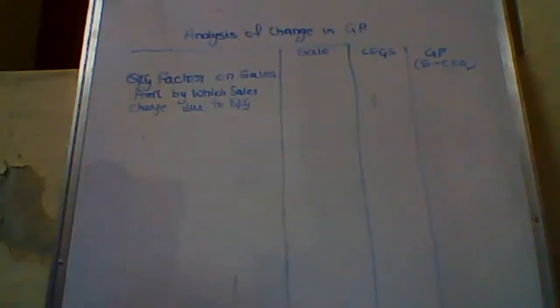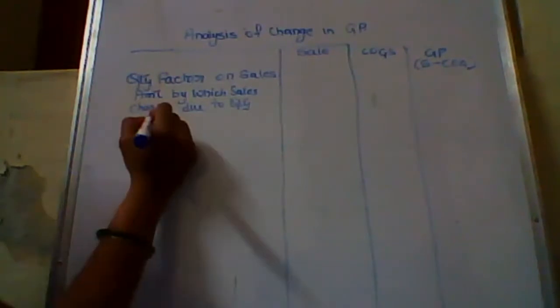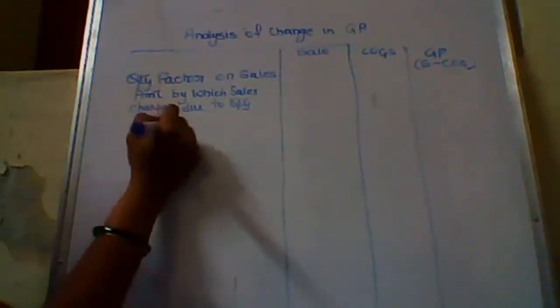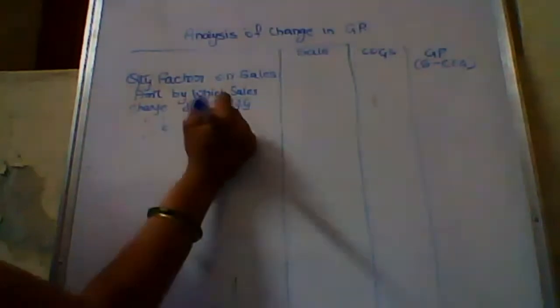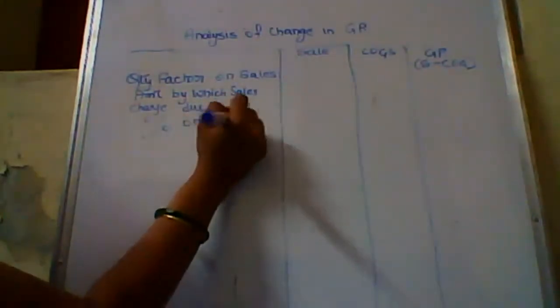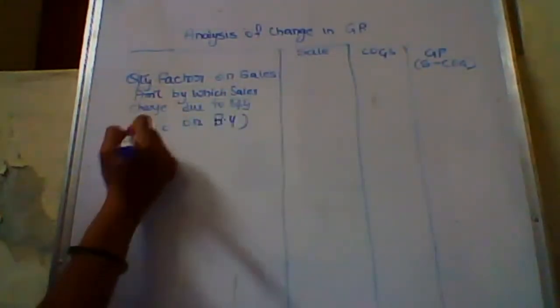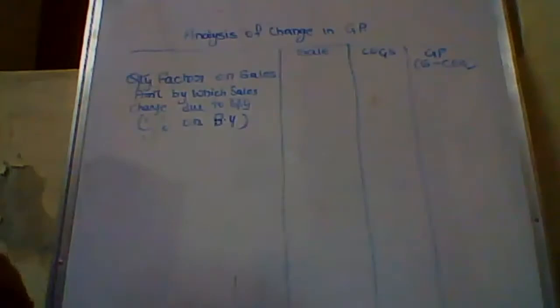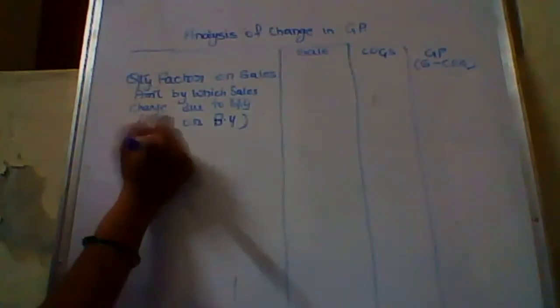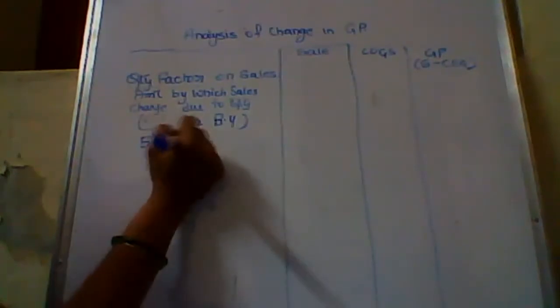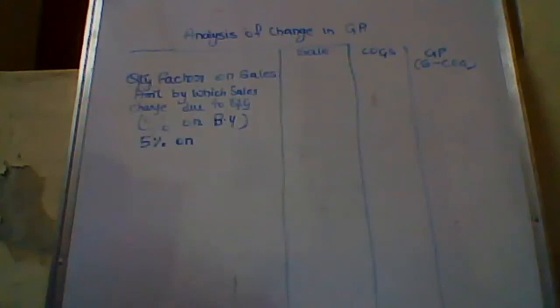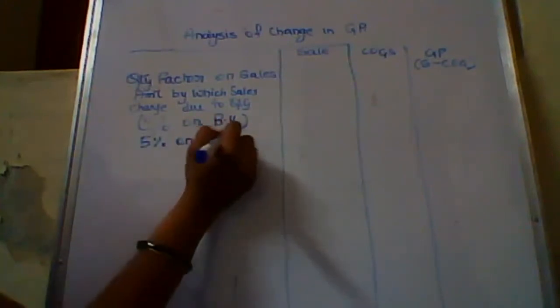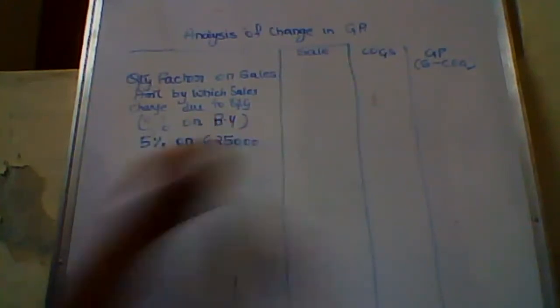So first, what am I supposed to do? Apply the percentage on the base year. What is the quantity factor change? We have seen the quantity factor change is 5%. 5% on the sales, 6,25,000.